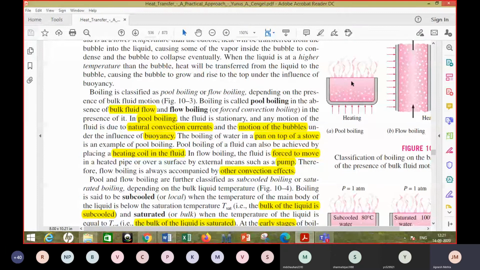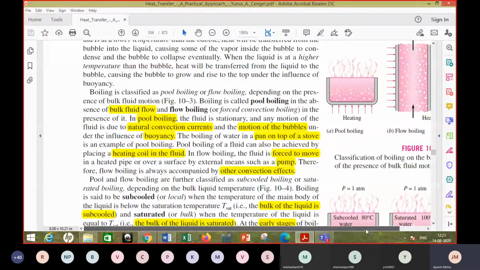When you say pool, it means that the liquid as a whole mass is not moving, it's not flowing. So if you stop boiling, it's in a way stagnant liquid in some vessel. So there is a pool of water and you are involving the boiling phenomenon in that. That is pool boiling.